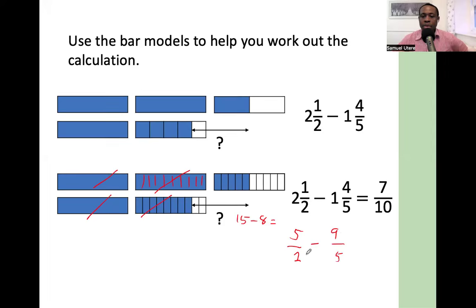Now, if we want to convert this to have a common denominator, we're going to have to multiply this by 5, and multiply this by 2. Now you can see that this will be 25/10 minus 18/10. You can see that using this method did not require us to do what we did before. So that will be 7/10.